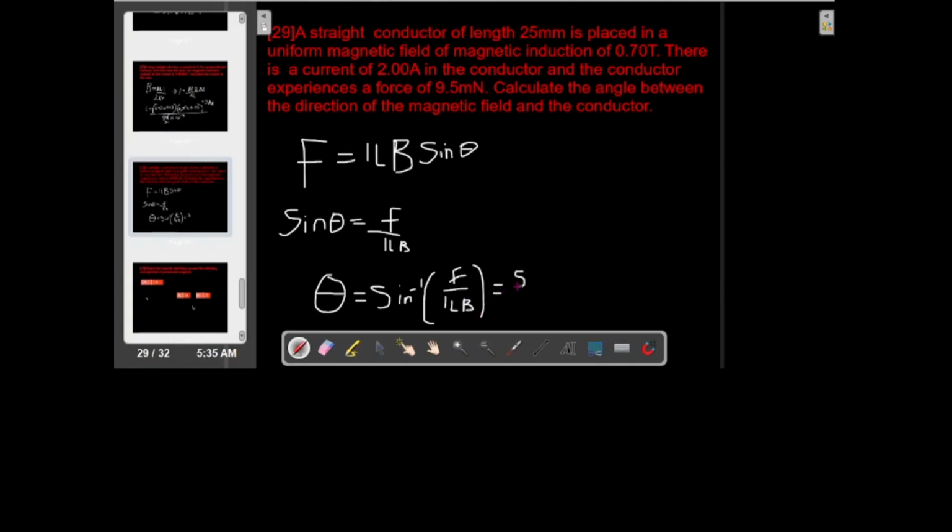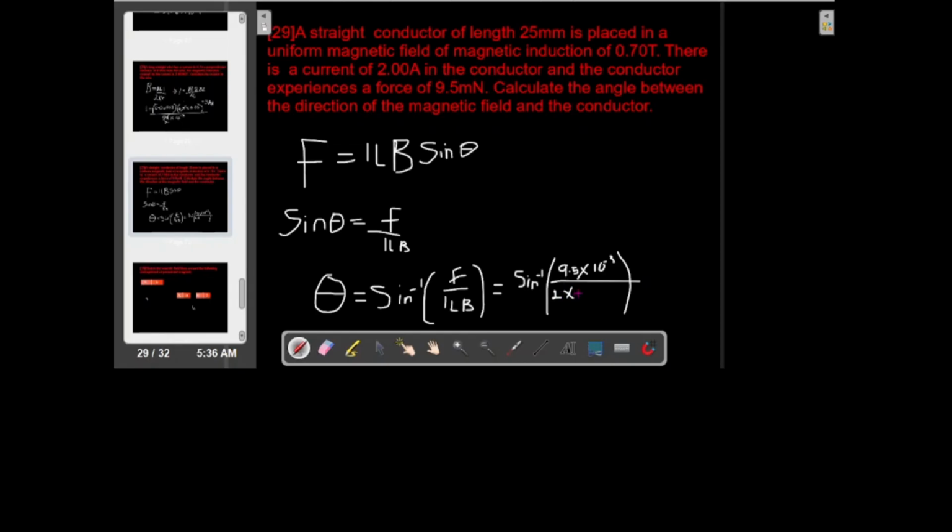So this is equal to sine inverse. Let's just input our values. What's the force? They said 9.5 millinewton. Milli is just 10 raised to the minus 3, so you have 9.5 times 10 to the power of minus 3, divided by I times L times B. So we have 2.0 for I, that's the current, multiplied by the length, which we said is 25 millimeter.